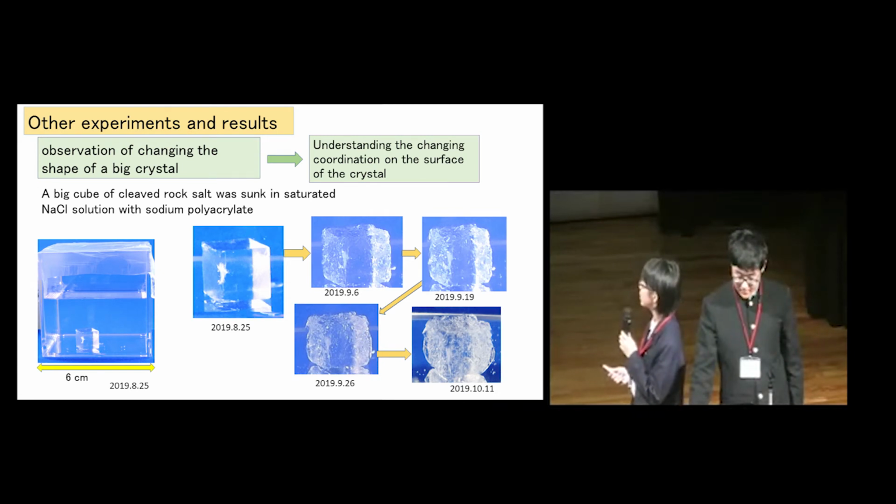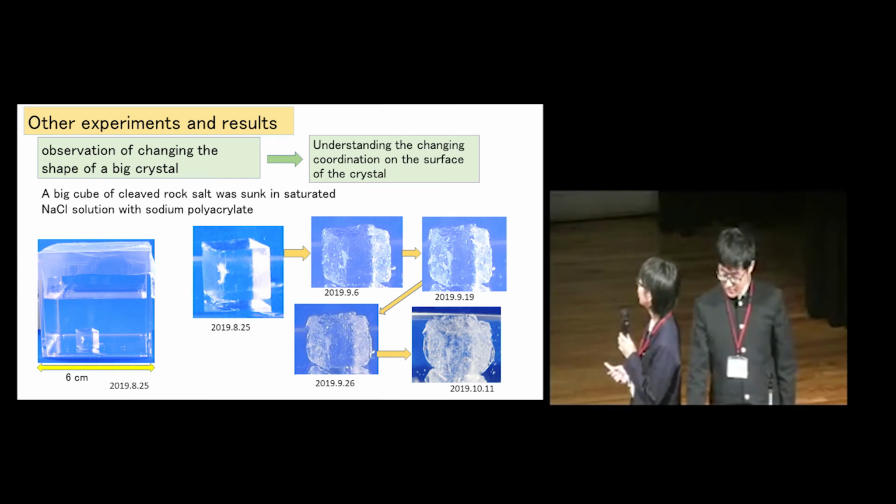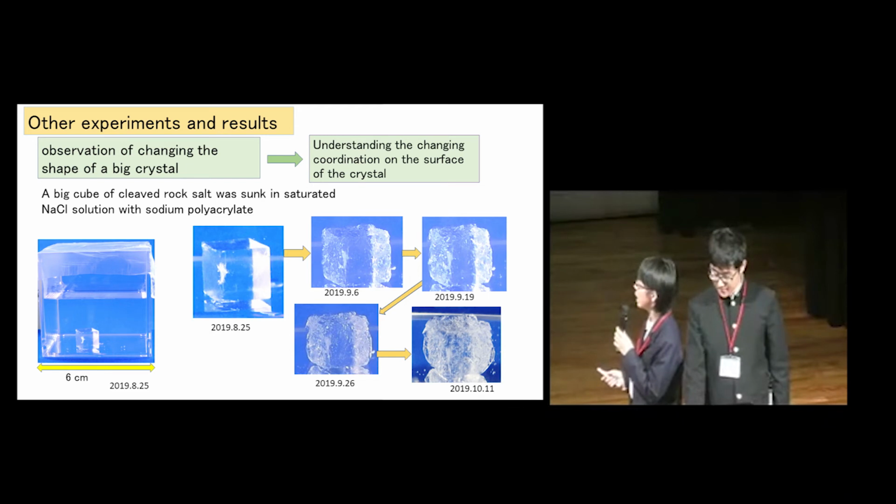Second, we observed the changing shape of a big crystal to understand the changing coordination of the surface of the crystal. We made a big cube of cleaved rock salt sunk in saturated NaCl solution with sodium polyacrylate. Then the crystal became spherical.